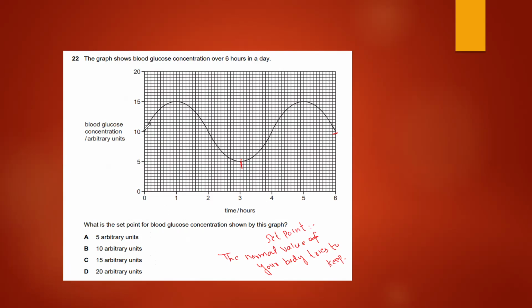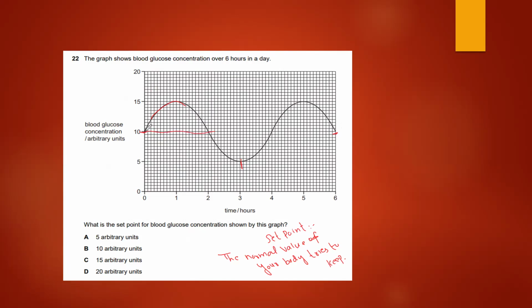You can see that at the 10 point, blood glucose concentration starts to increase. This is actually the set point. And now the glucose level starts to increase, and it decreases around 3 hours. Now taking a meal again, it starts increasing and increasing, and then it reaches that point.